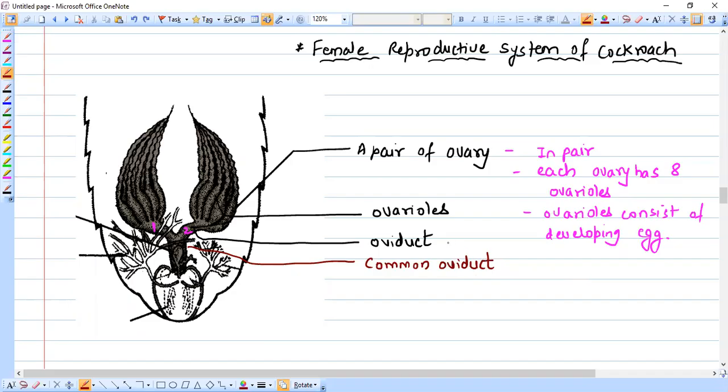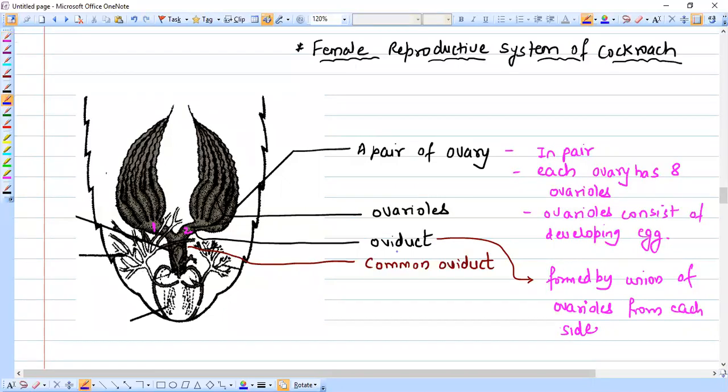The oviduct of the cockroach is formed by union of ovarioles from each side, or from each ovary. And both the right and left oviduct will meet at a point. That point is called the common oviduct.